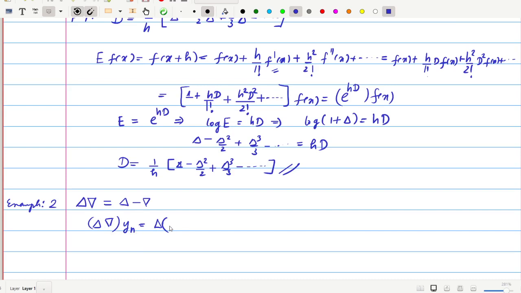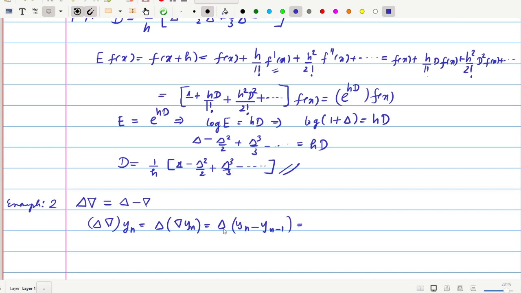So this will be delta of del yn. That is, del yn is yn minus yn minus 1.